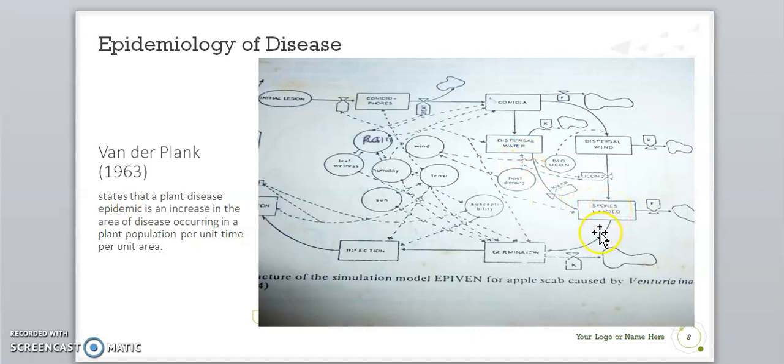After the spore lands, there is germination of the spore, and then infection, and then incubation. After that, the dissemination and dispersal, and then inoculation again to initialization. This is the condition of Venturia inaequalis.